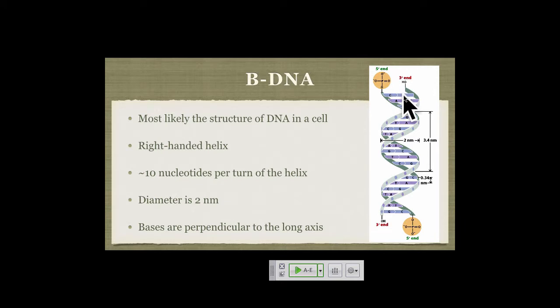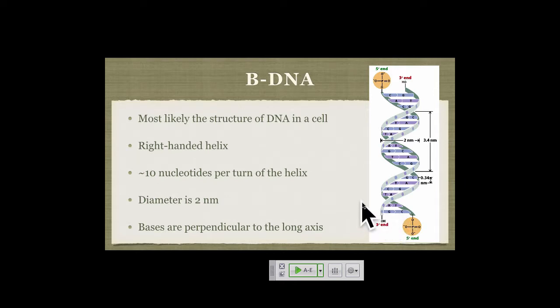So you have a perpendicular axis running through the center of this molecule. The bases are inside the molecule, and they're oriented with each other, and they're almost, I'll show you why not, they're almost but not perfectly perpendicular to the center of the axis.